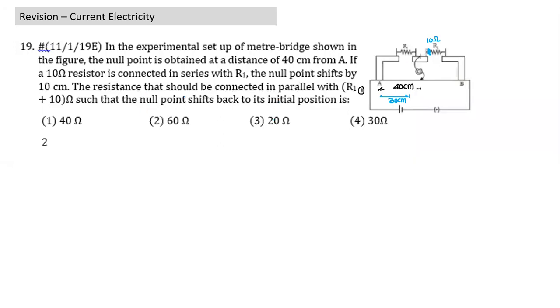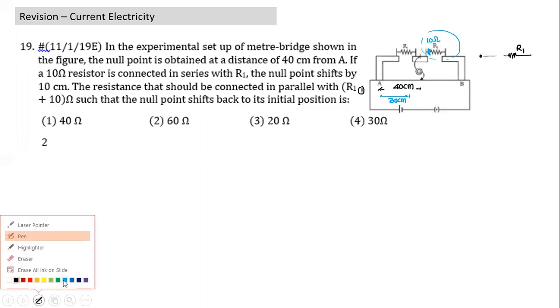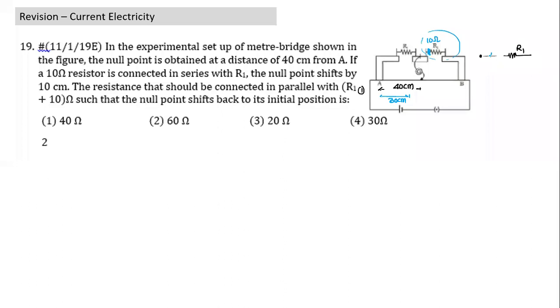Third, what resistance should be connected in parallel with R1 plus 10? So I'll redraw this part here. See what has happened to this part. Earlier the resistance was R1 here. We connected 10 ohms in series here, so it becomes something like this.